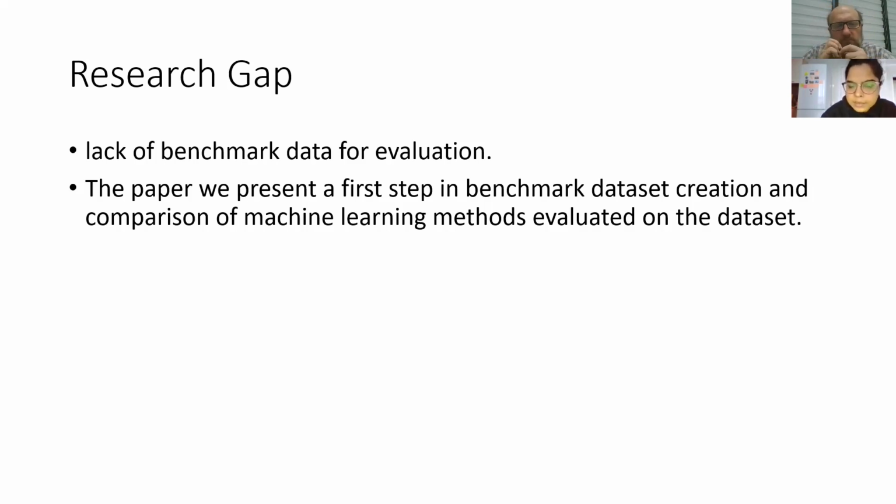So we decided that this will be the focus of our study. We will try to bring a lot of data which can be standardized. So we will standardize the data set, so later other researchers can also use it for training purposes. In this paper, we mainly focus on creating this benchmark data set, and then we'll try to train machine learning models on it.